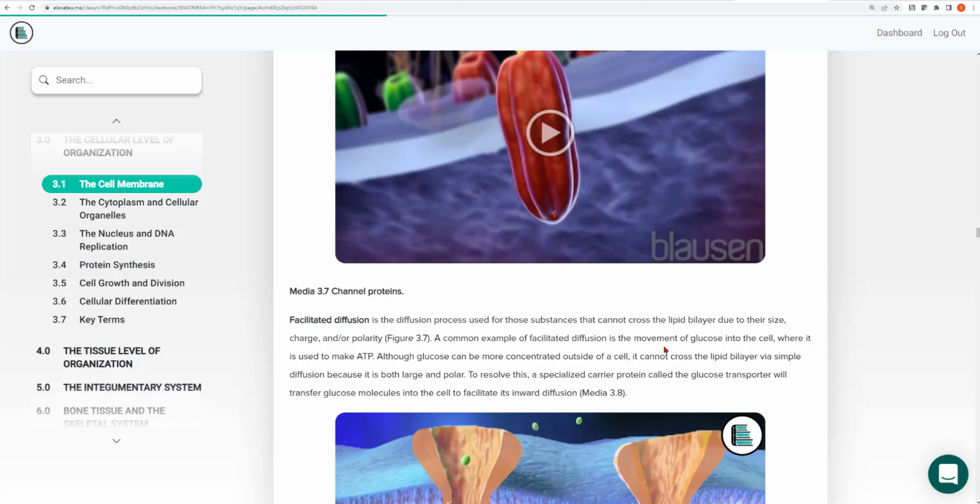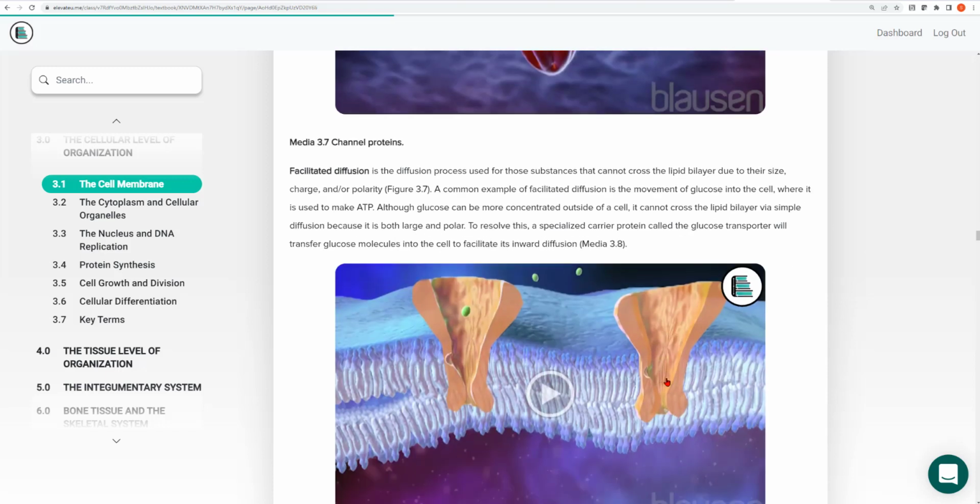It is absorbed into our cells, but glucose is so big that it can't just get across the cell membrane, so it must go through one of these carrier proteins. It's called a glucose transporter. It carries the glucose into the cell, and this video will show this to you.